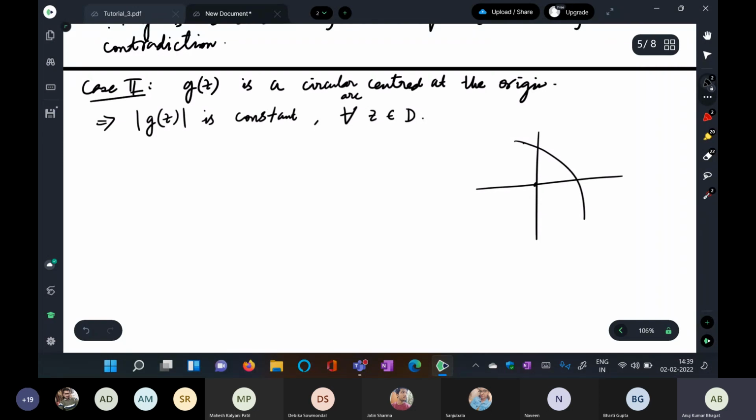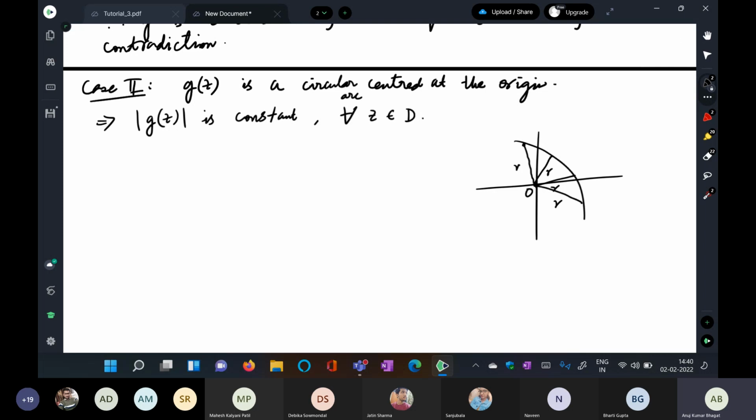If I take any point here, if this is R, this is also R, this is also R, this is also R. So the modulus of g(z) is always constant, because whatever points you take here, they are part of a circular arc centered at the origin. This is why the origin is important. So the modulus will remain the same.